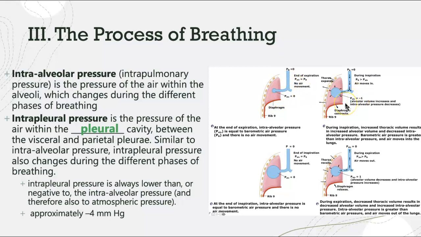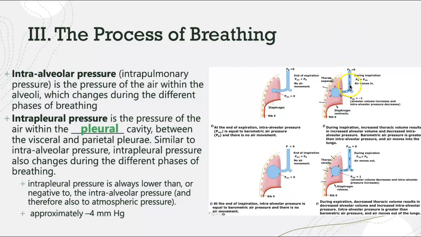Now during inspiration, we increase our thoracic volume, and so we are bringing that air into the alveolus. So here we have an increase in our alveolar volume, while we are going to see a decrease within that alveolar pressure. So here we see that our pressure in the alveolus is going to be lower than our pressure in the air outside of our body.